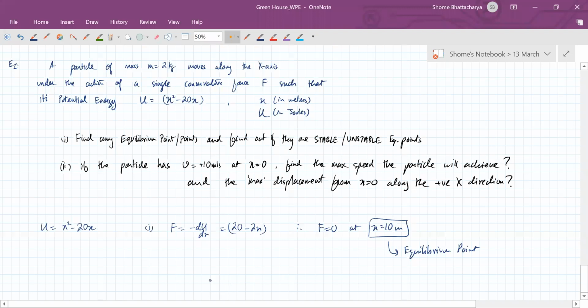And you can also see that the second derivative is 2, so it is positive. So there is a local minima at x equal to 10. So therefore it is a stable equilibrium point.